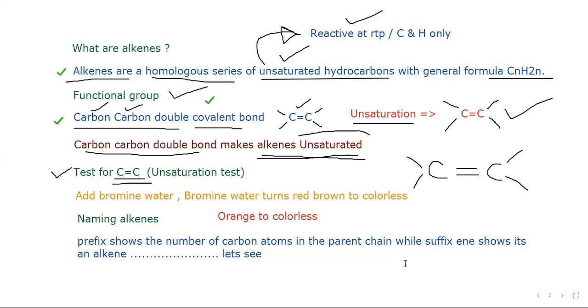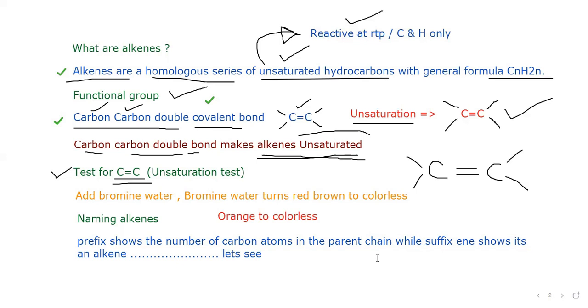It proves that the compound is unsaturated, that the compound contains one or more carbon-carbon double bonds, that the compound contains the alkene functional group, which is the carbon-carbon double bond. I hope you're getting my point. Should we move ahead now?